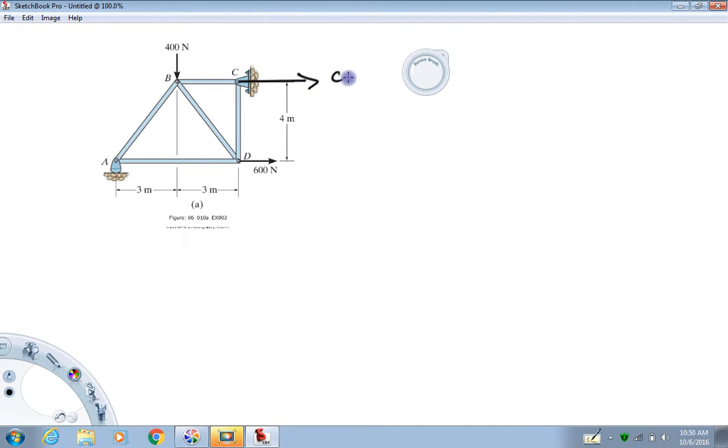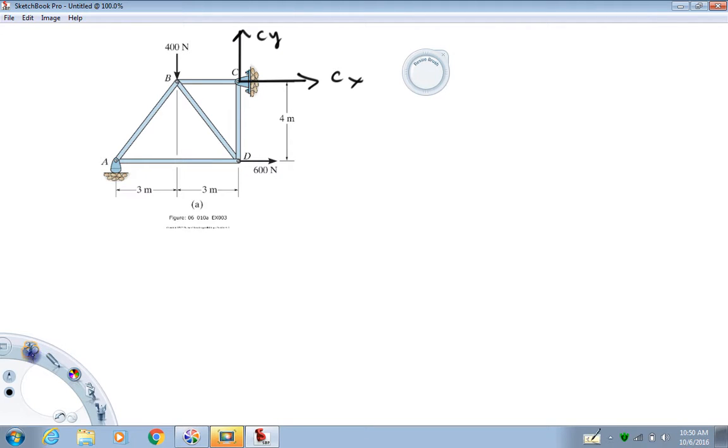So there's a CX. Also C can support that structure vertically, so I'm going to put a vertical force there, upward, CY. No moment reactions at C because of how this is connected. This is a pin. If this were welded or something like that, then you could have a moment reaction here. But with a pin, C cannot support any sort of moment reaction.